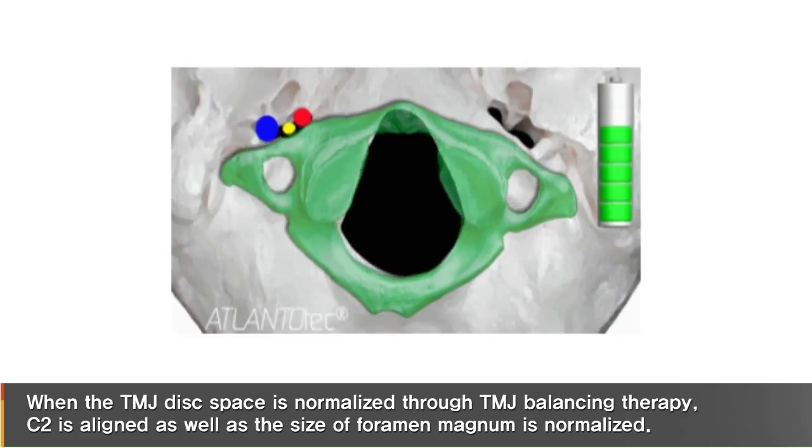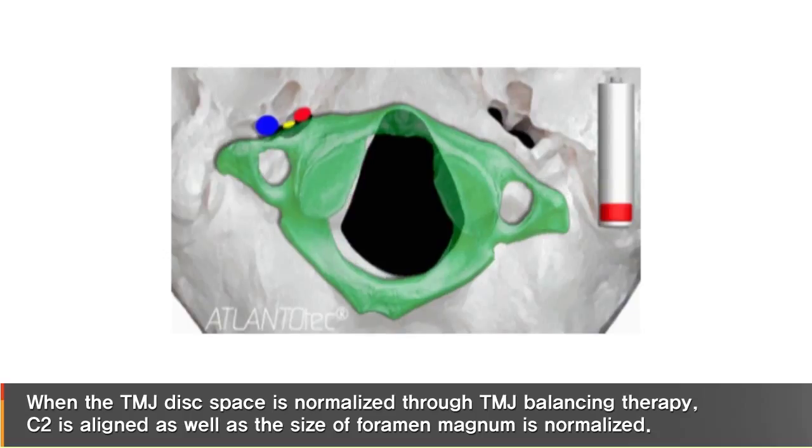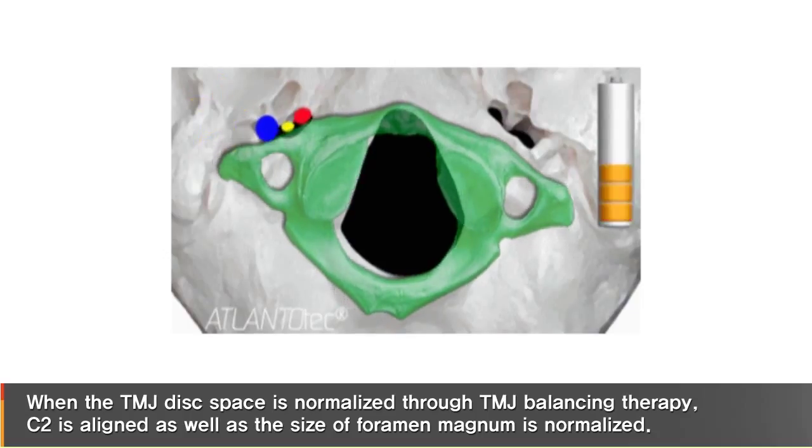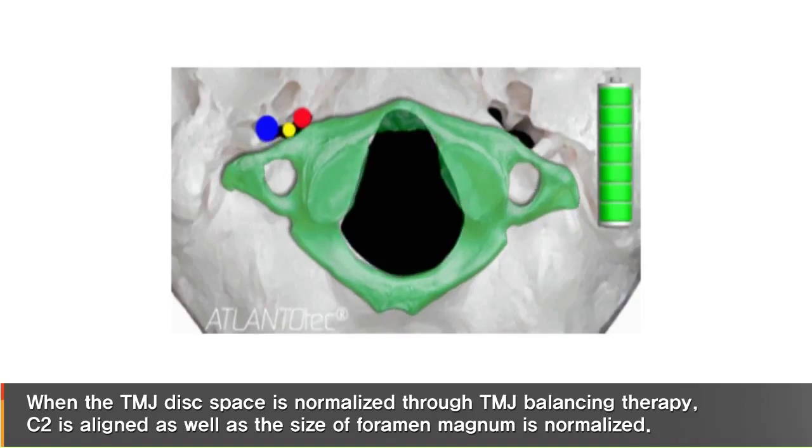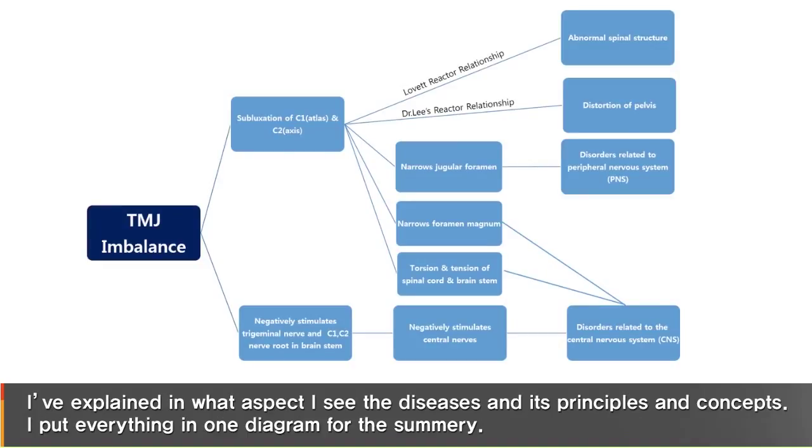When the TMJ disc space is normalized through TMJ balancing therapy, C2 is aligned, and the size of the foramen magnum is normalized.